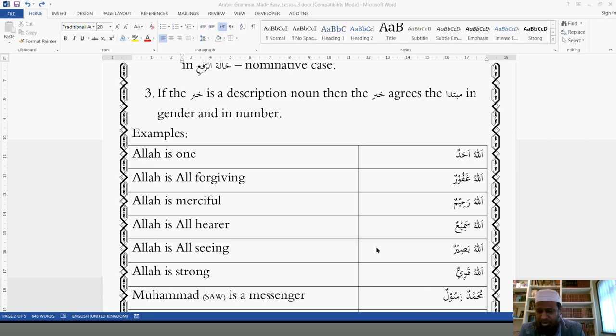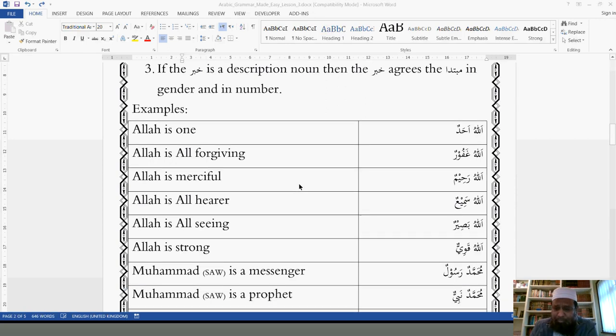See, Muhammad is a ma'rifa, definite noun, and the khabar is nakira. We applied all the rules. Over here we will see rule number 3 also applies. The ism Muhammad is singular, Rasulun is also singular.